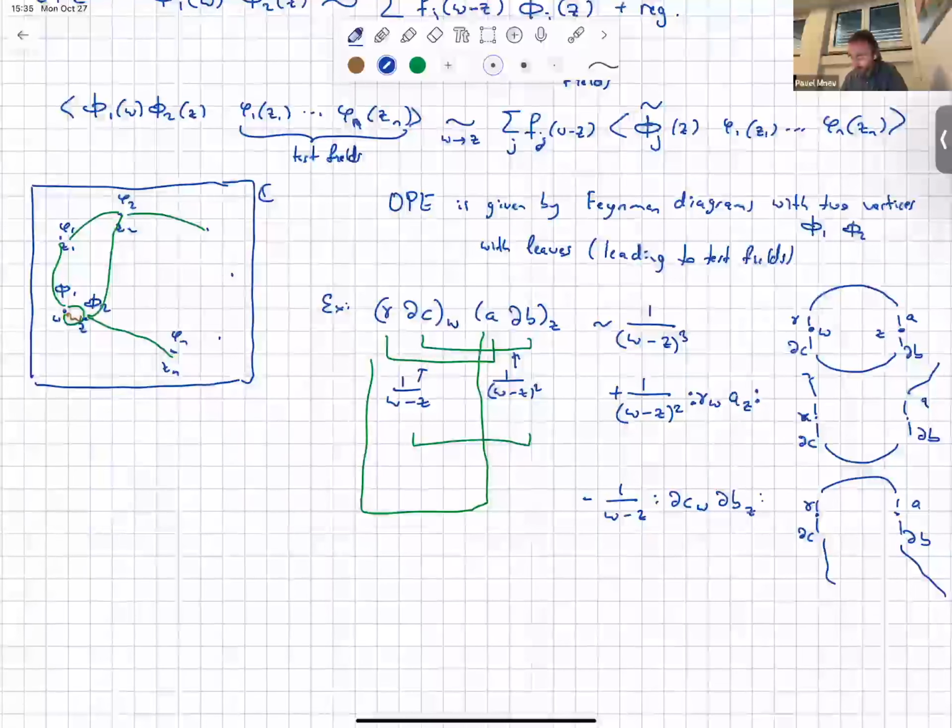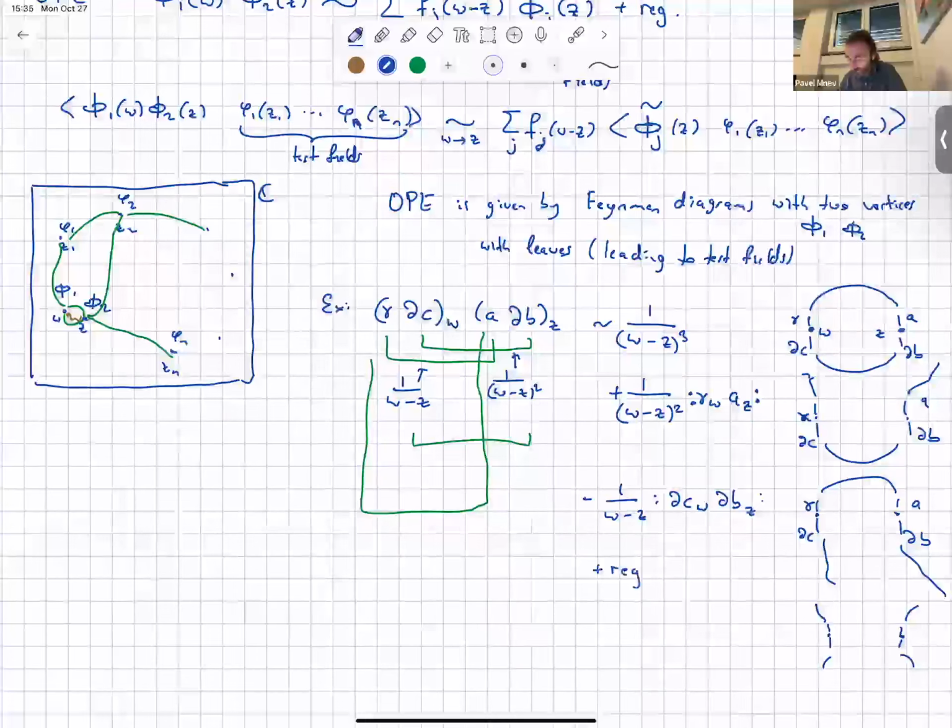And I can also not do any contractions at all between the two fields, so that all the prongs lead to the test fields, but that will be something that's definitely regular as W approaches Z.